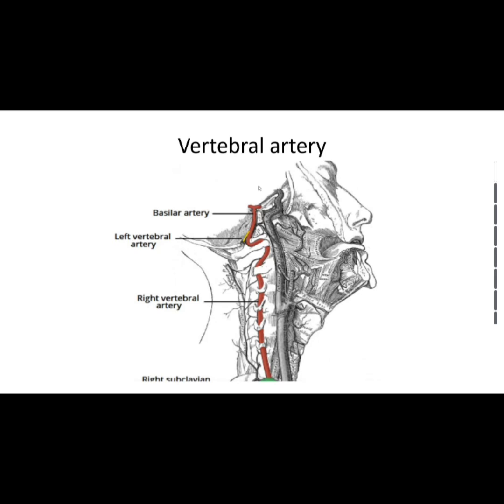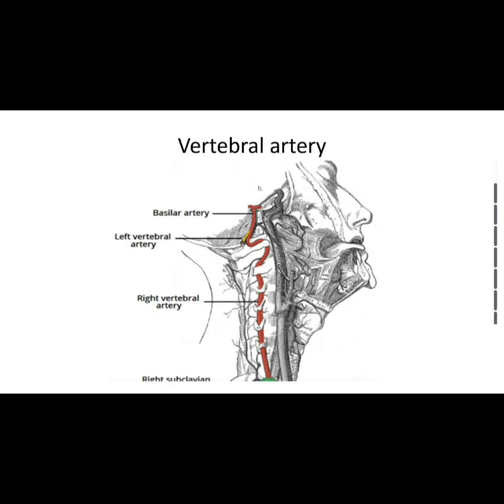There is what we call the circle of Willis that we'll come to later on, that this contributes to. Basically, a circular anastomosis of blood vessels within the brain stem that gives supply to the brain. So very important supply.